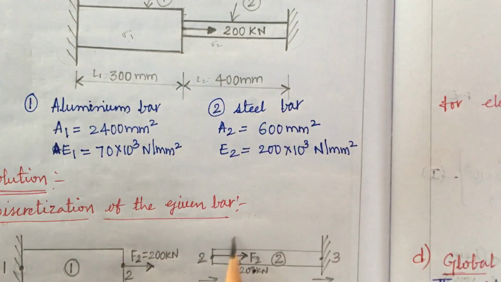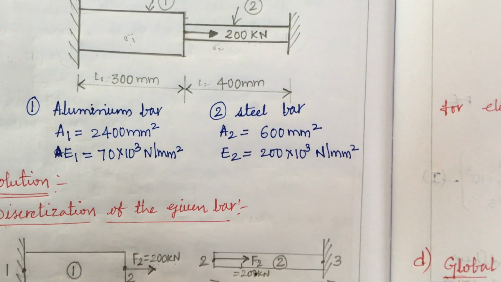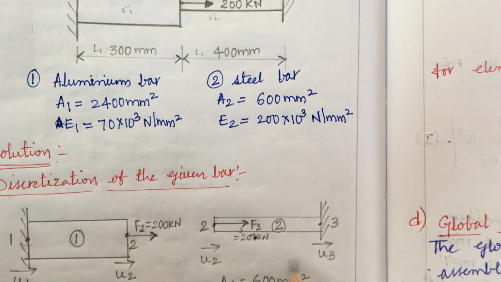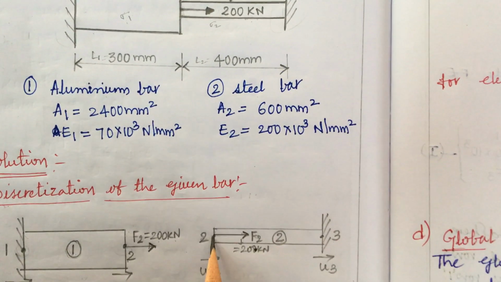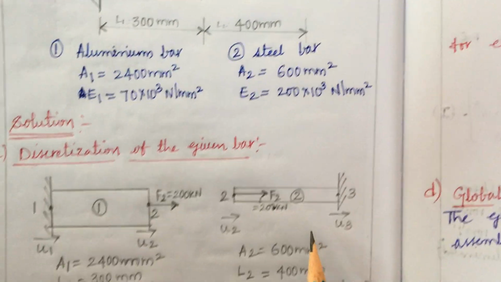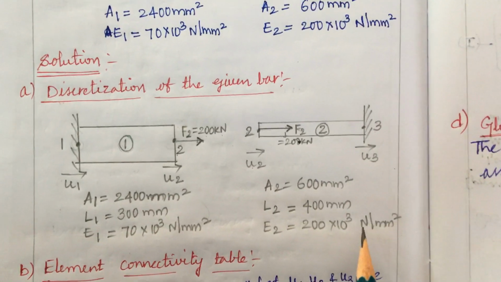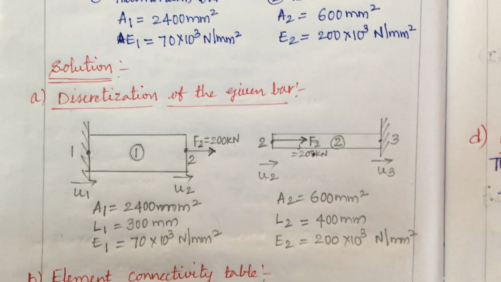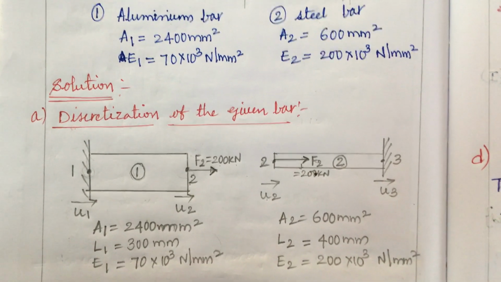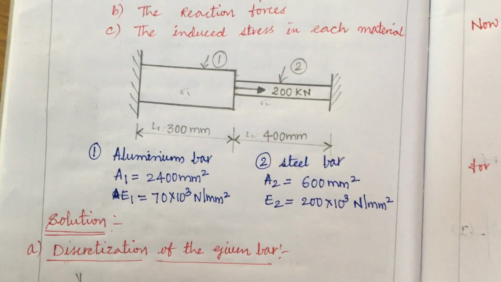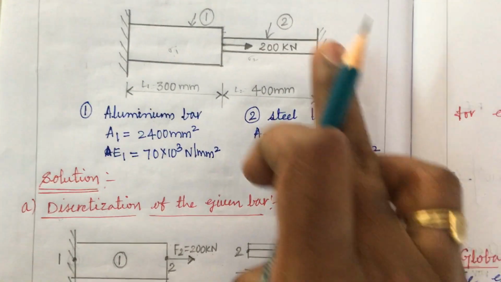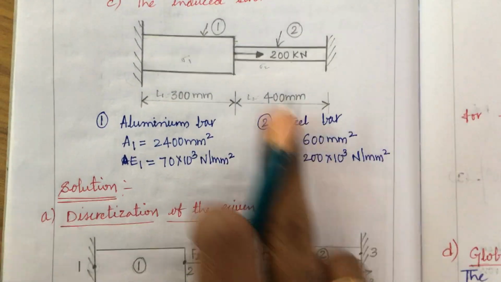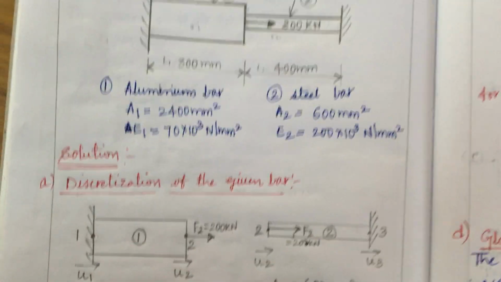The same force I have represented at node 2 to the right. So U2 and U3 are the displacements at respective nodes 2 and 3, and these details were also given. This is how you are supposed to work out the discretization of any element which is given in the question paper. That may be a 3-step problem or a 4-step problem, and sometimes a 4-stepped bar also.